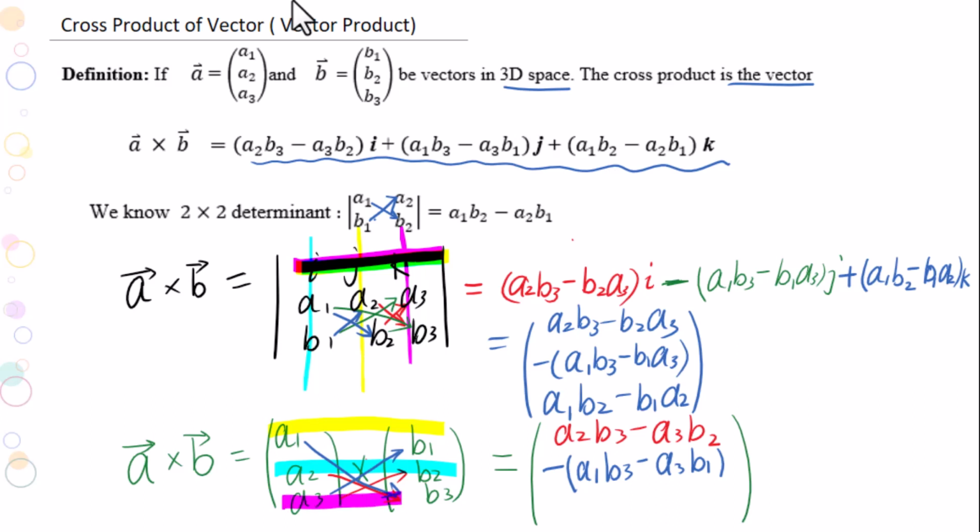Now we cross out the third row. The 2 by 2 determinant is A1 B2 minus A2 B1. So you can choose either way to remember this vector product.